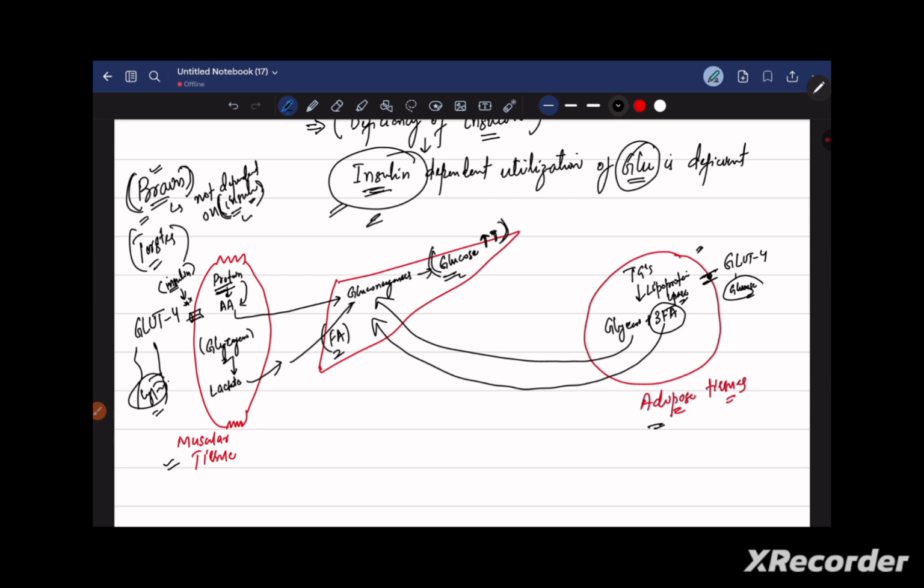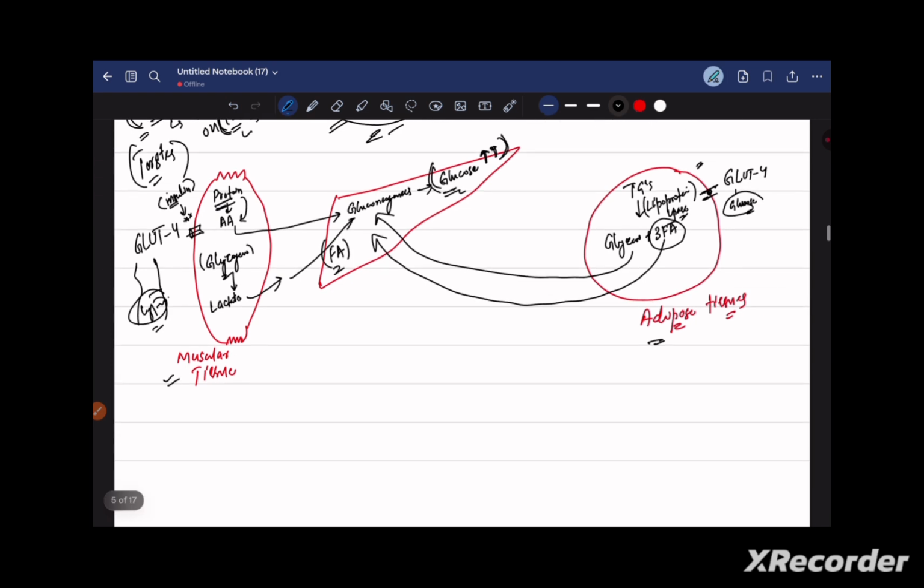But there is deficiency of insulin, glucose is not taken into the adipose tissue, so there will be severe rapid lipolysis in the presence of lipoprotein lipase, and these free fatty acids go to the liver and overwhelm it. These extra fatty acids cannot be used for glucose synthesis, because the liver gets overwhelmed.